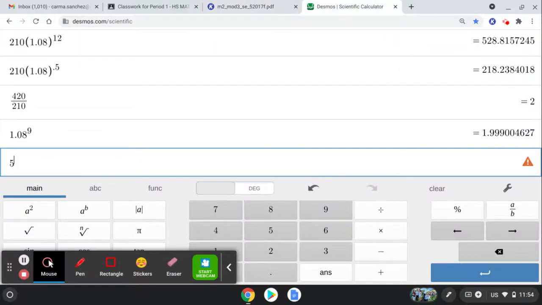Let's just test out a number like 5 to the negative 2. That's not 0.5. 5 to the negative 3. Okay, that's getting smaller. 5 to the negative 1. 0.2. 5 to the negative 0.25. 5 to the negative 0.5.